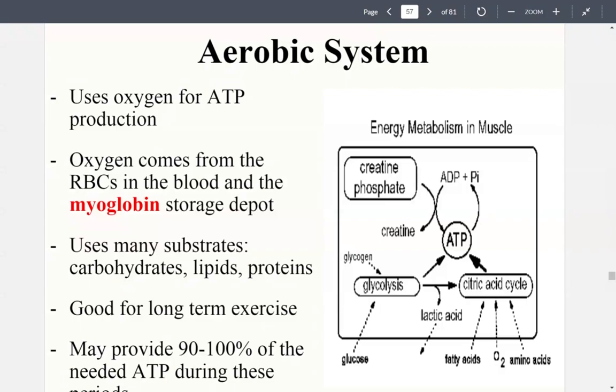In order for them to go into this cycle, other enzymes and other processes are going to be involved to break them down and convert them into a format that will go into this process, specifically into the citric acid cycle for the most part. Same thing with proteins. They need to be broken apart first and then converted into a format that can go into the aerobic respiration system, aerobic metabolism, depending on your textbook.